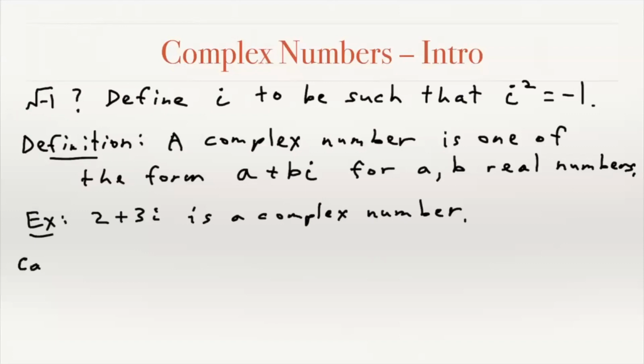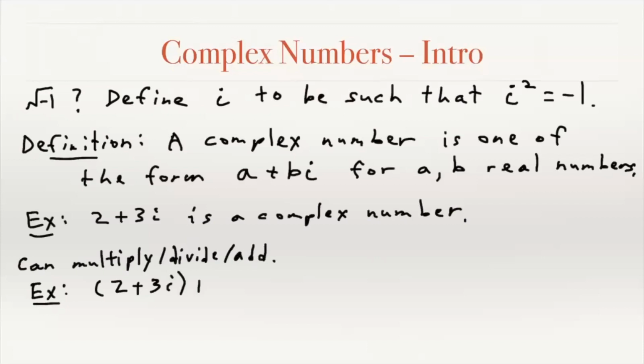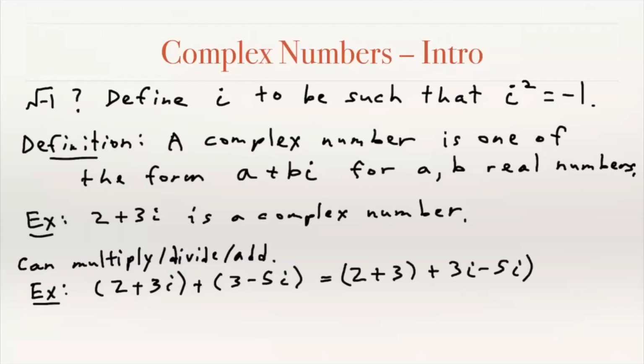And we can multiply and divide complex numbers and add them. So for example, 2 plus 3i plus 3 minus 5i. We add the respective real and imaginary components. So gather the real parts together, gather the complex parts together, and that would be 5 minus 2i.